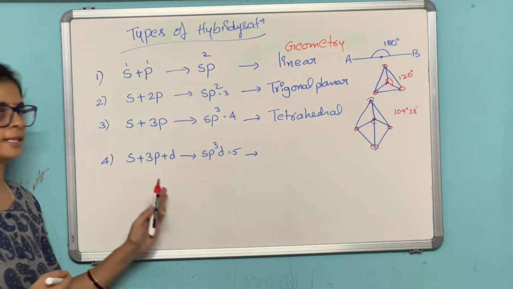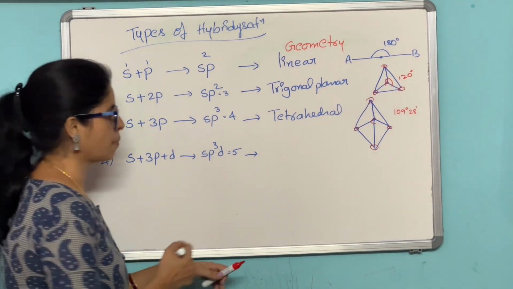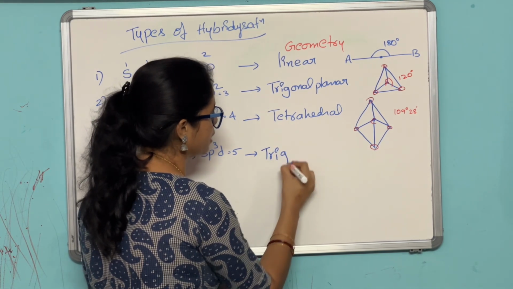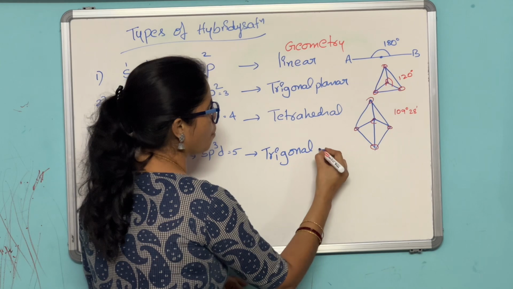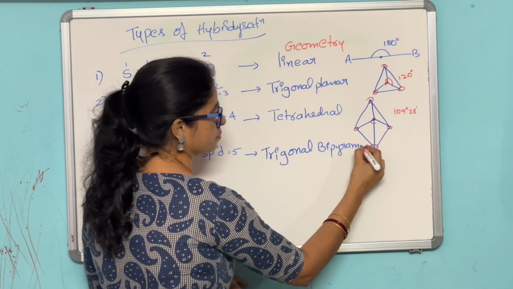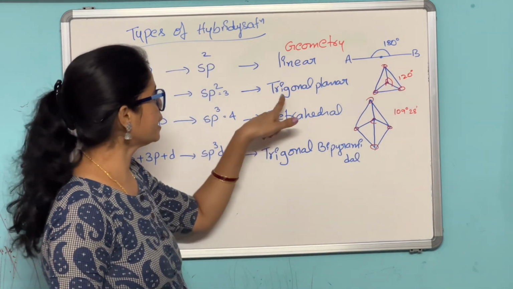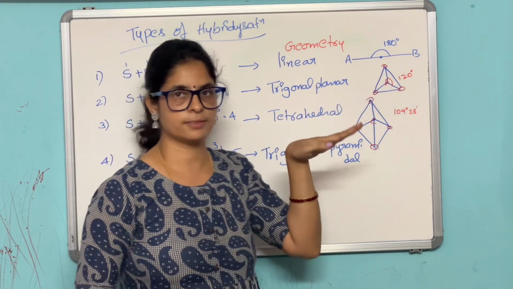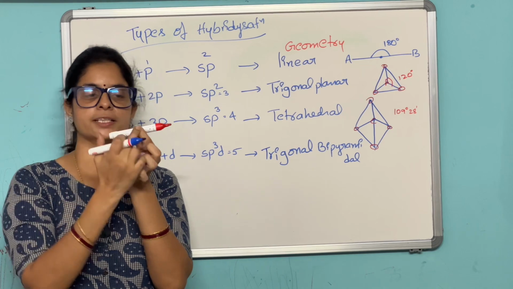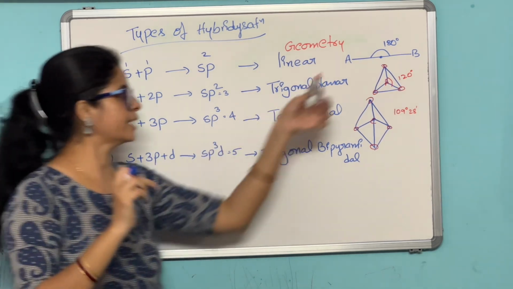If it is sp3d hybridization, the geometry is trigonal bipyramidal. Linear means like this: if this point is the central atom, the bond angle is 180 degrees.